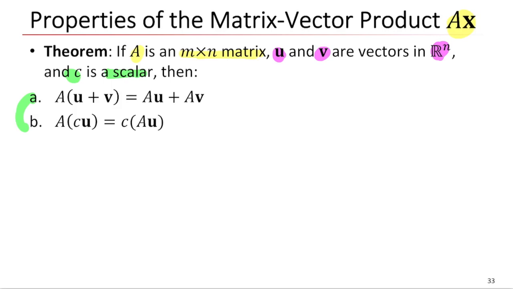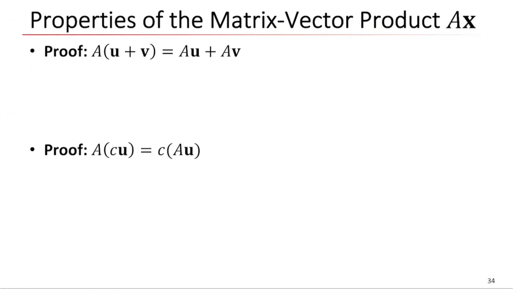The first one is A times (U plus V) is equal to A times U plus A times V. Another one is A times CU is equal to C times AU. Actually, this property is really similar to the vector property, but with matrix notation. This one can also be easily proved by vector and real number properties. Okay, here is a proof.